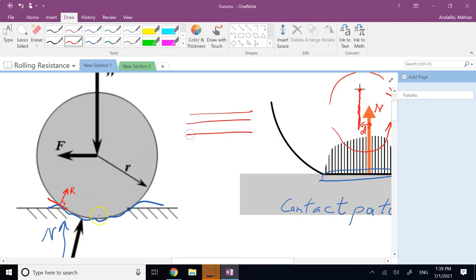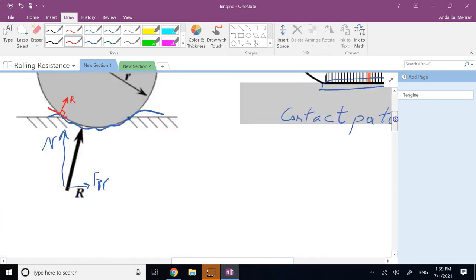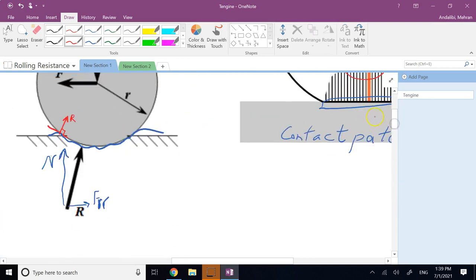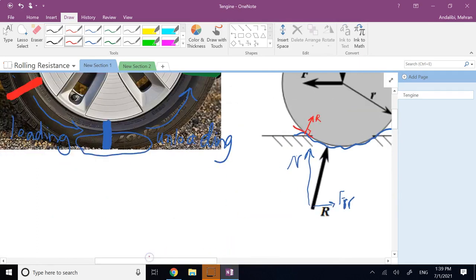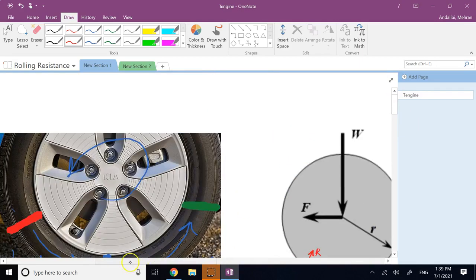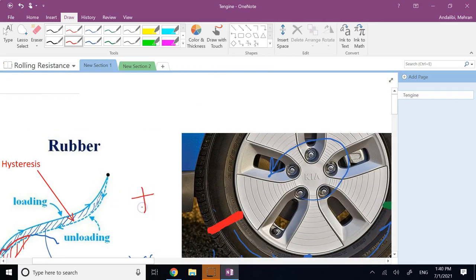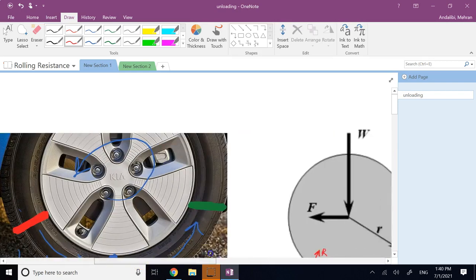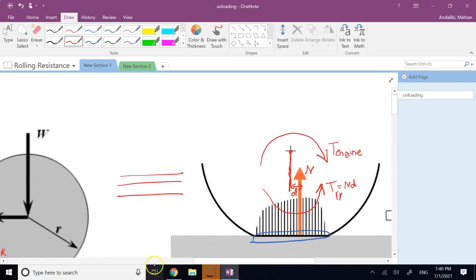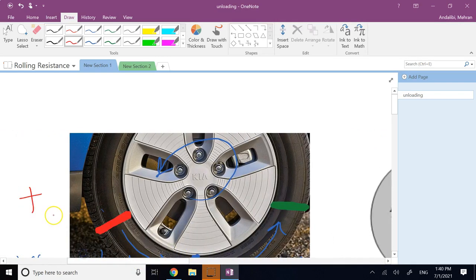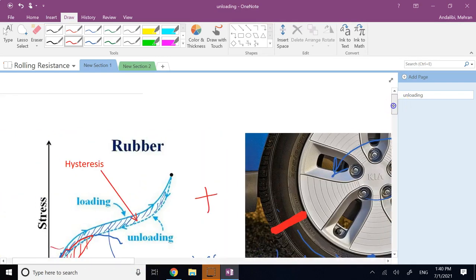No, you can either use the backward component of the normal force or the opposite moment. So these two, plus this hysteresis is what makes the rolling resistance. For pneumatic tires, both of them will work against you. For steel wheels on hard surfaces like steel rails, it's mostly this opposite force or opposite torque that is acting, because the hysteresis is not significant.